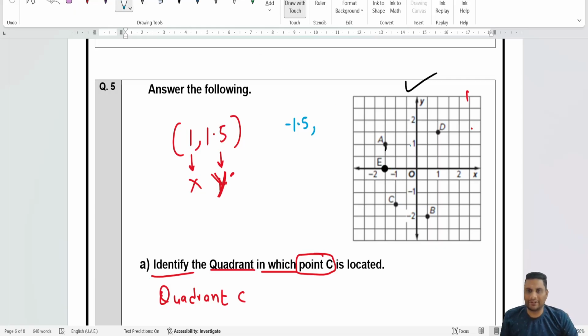Now I need to know the Y. For the Y, check. It is on the x-axis only, right? It is not going up, it is not going down. It is on the x-axis. If I move here towards the Y, it is touching at 0. So the Y here will be 0. Simple. So the coordinates of point E are minus 1.5 and 0.